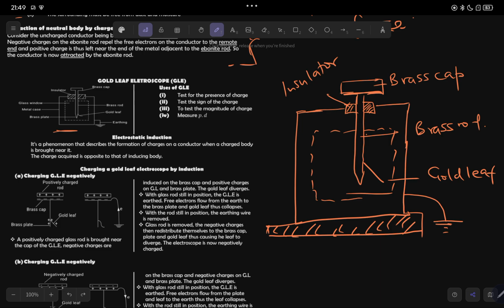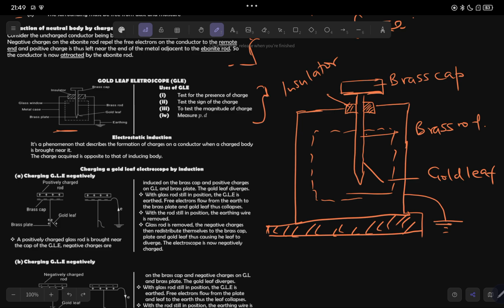What is the use of this gold leaf electroscope in experiments? One, we can use the GLE or gold leaf electroscope to test for the presence of charge, to know whether a body is charged or not. Two, to test for the sign of the charge. Is it a positive charge or a negative charge?